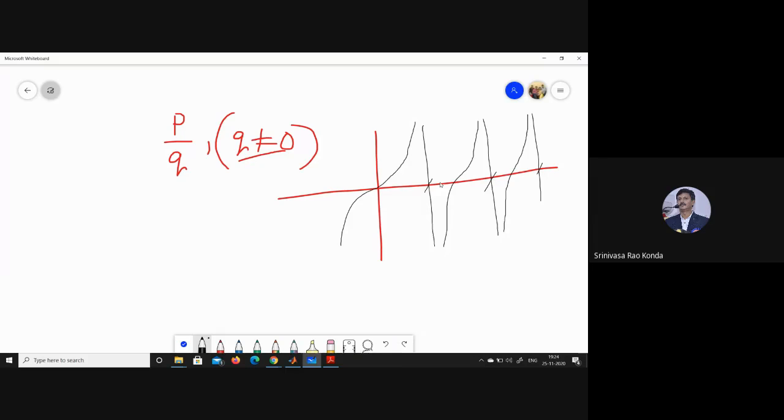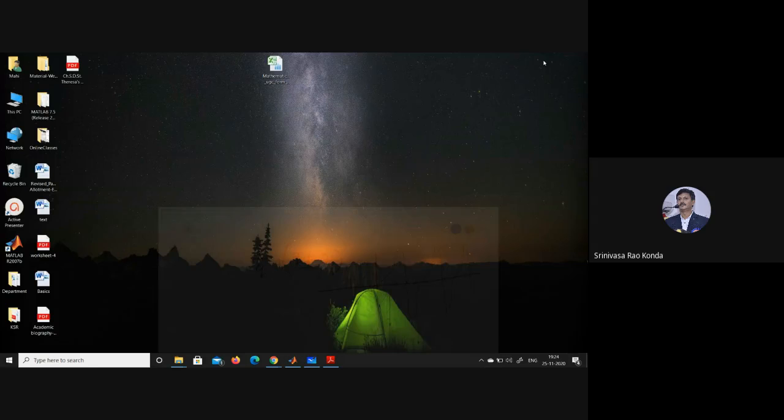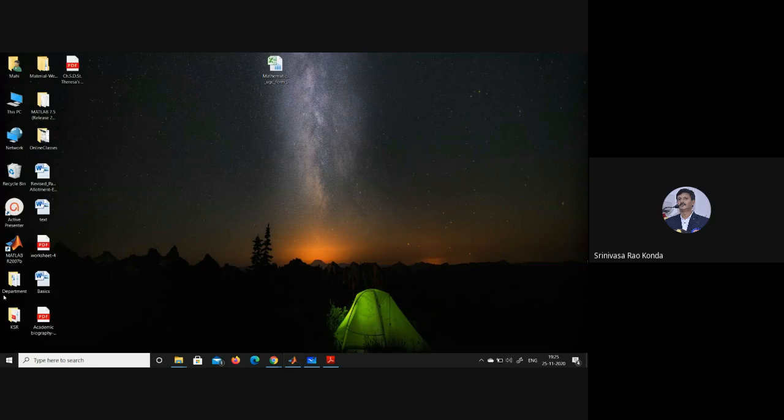As x approaches pi by 2 from this side, tan x approaches positive infinity, whereas if you approach from the other side, tan x approaches negative infinity. That is the meaning here. Now, with this brief introduction, I am going to plot techniques.